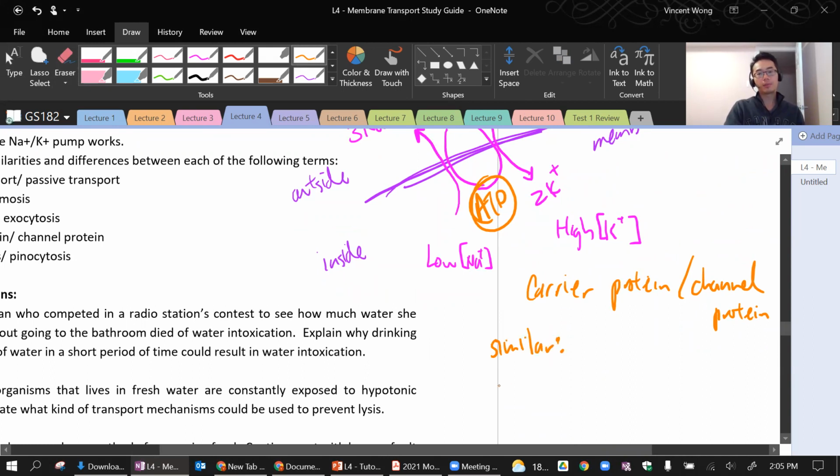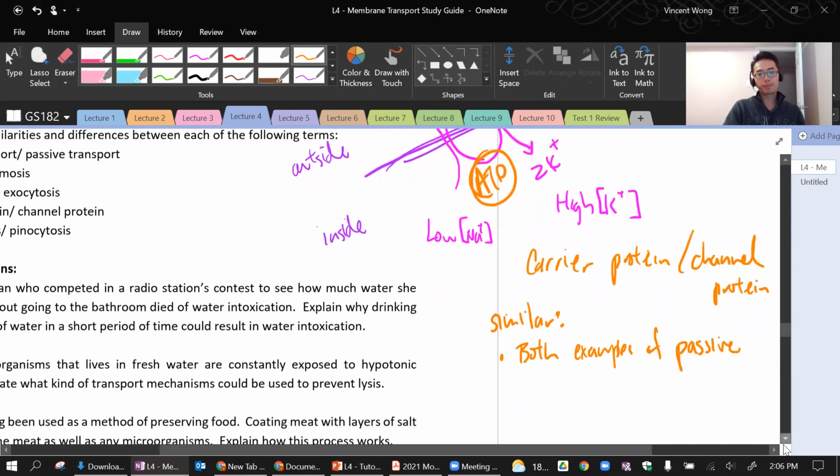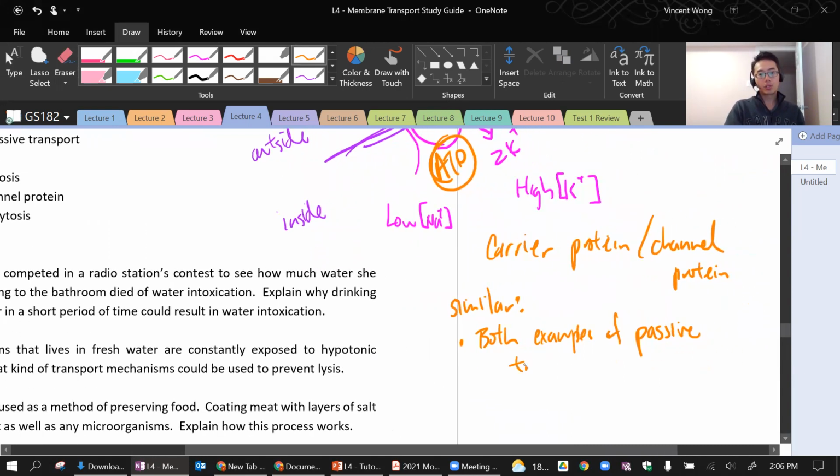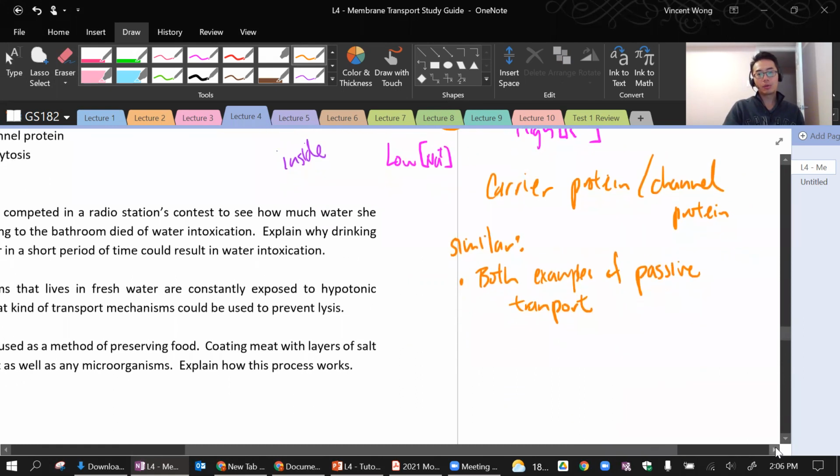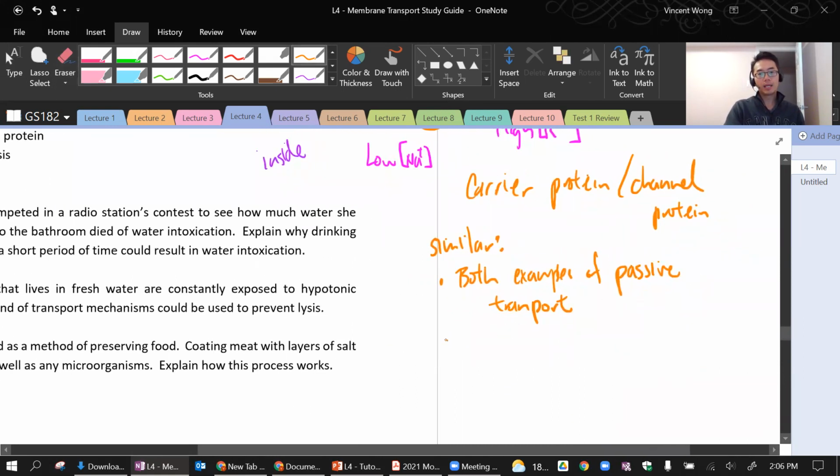How are they similar? Well, they are both examples of passive transport. In other words, no energy is required and they are going down the concentration gradient.